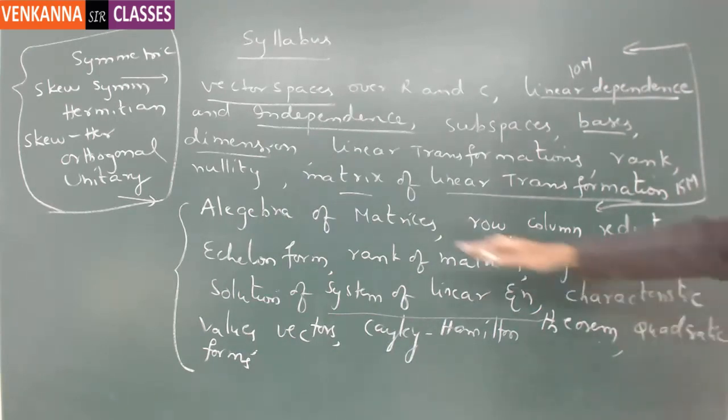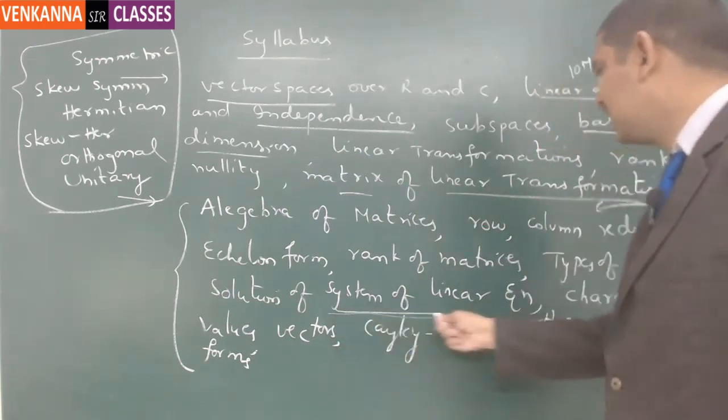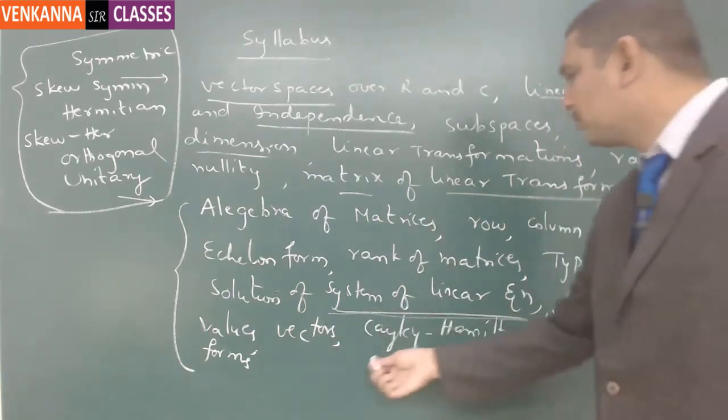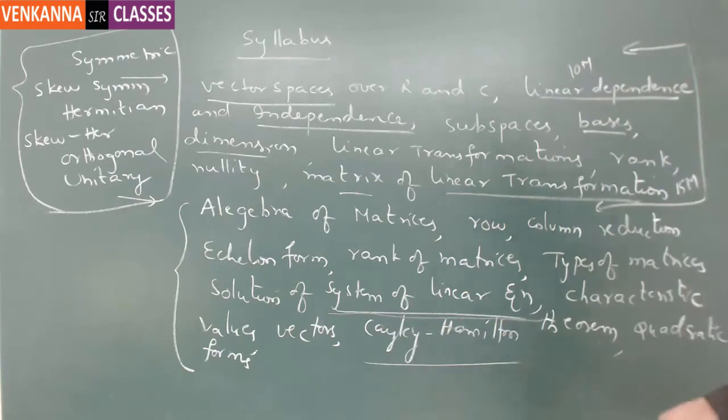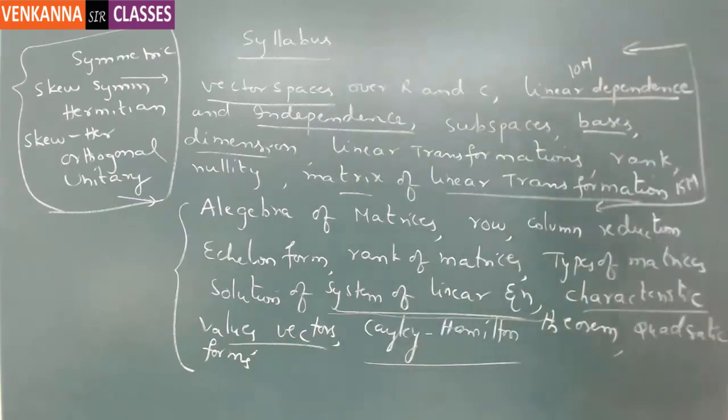Secondly, coming to this portion, you need to concentrate on system of linear equations, problems based on the Cayley-Hamilton theorem, and obviously characteristic values and vectors. Many times questions are framed from these portions.